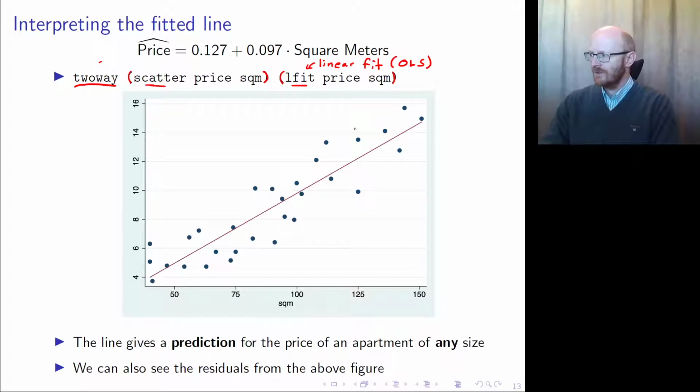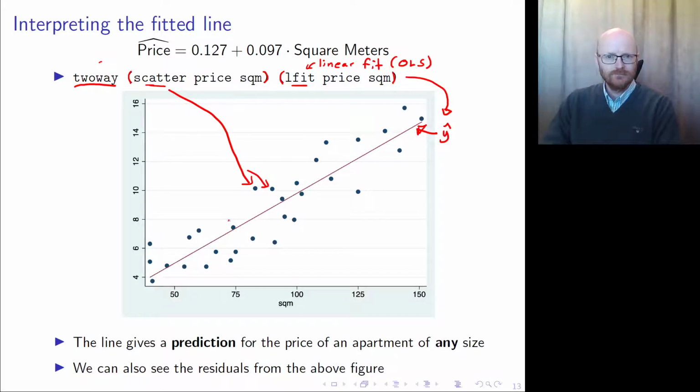The fastest way to graph an OLS line in Stata. And this line gives you y hat, the estimated price, and this scatter gives you these points, right?